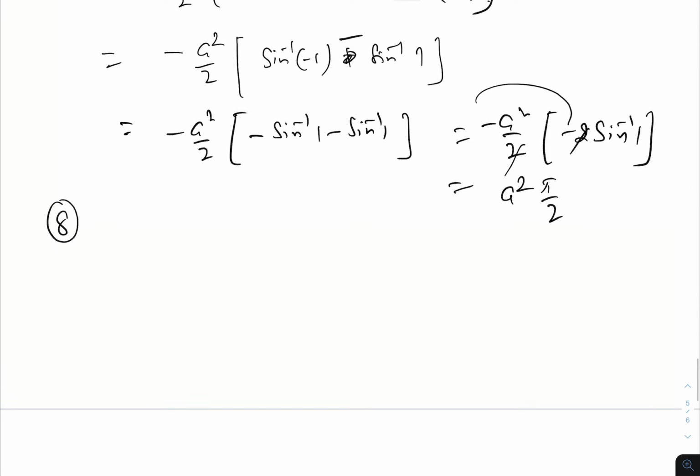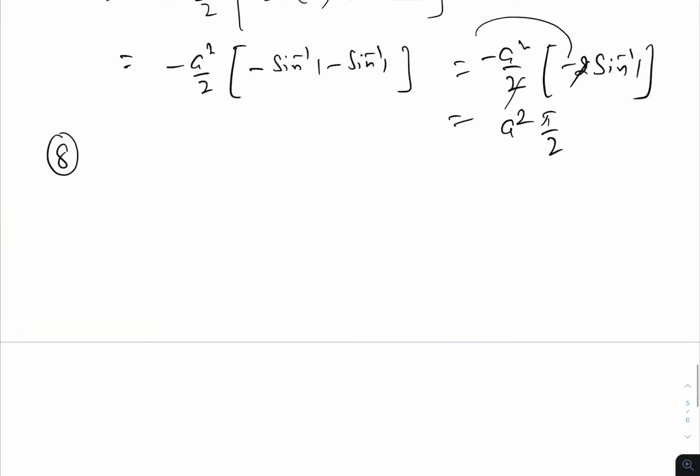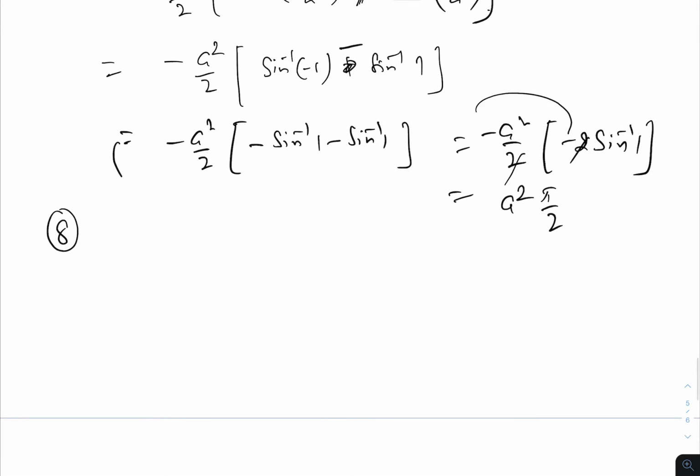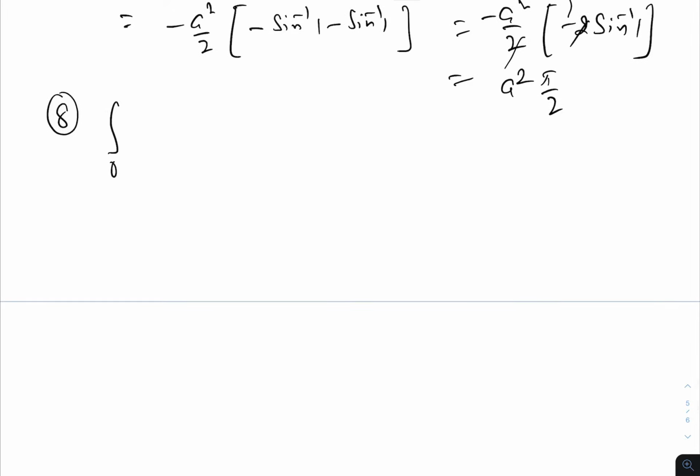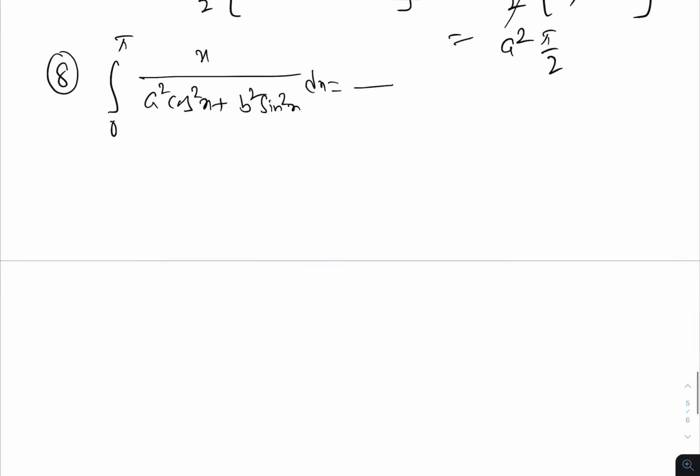Okay, let us take one more example. Integration from 0 to pi of x over a square cos square x plus b square sin square x dx equals blank.